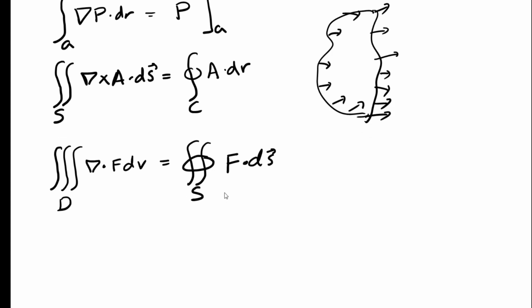Okay, so let's do an example. These ones are actually pretty simple. We're going to be taking a surface integral, a flux integral, and changing it into a triple integral.